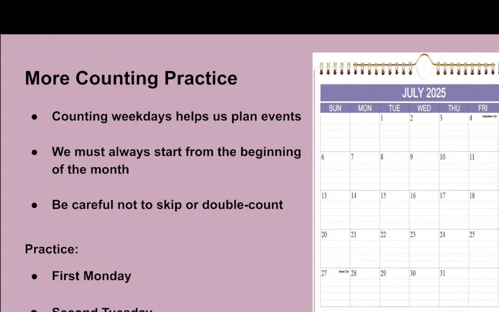So this is a helpful trick to help with counting. You look at the top and then you look down and then you find the day that you want to make plans on, or essentially just note down. I'll give you a moment to write that down as well.